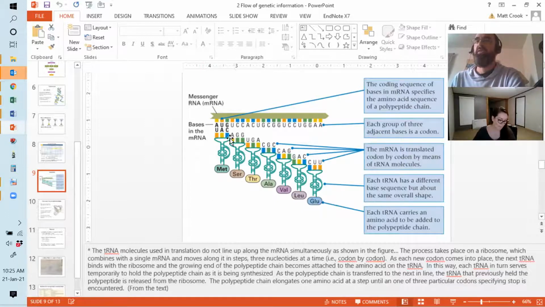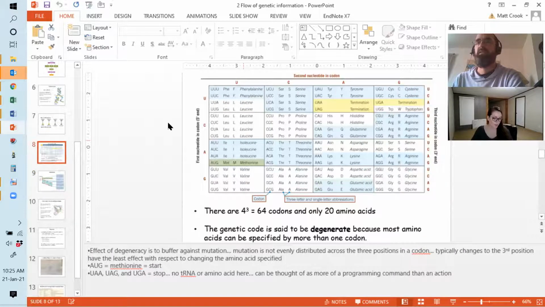And so because of that specificity, you'll only ever get methionine in the same position in the transcript as you will find an AUG, right? And that's really where this codon table comes in, right?